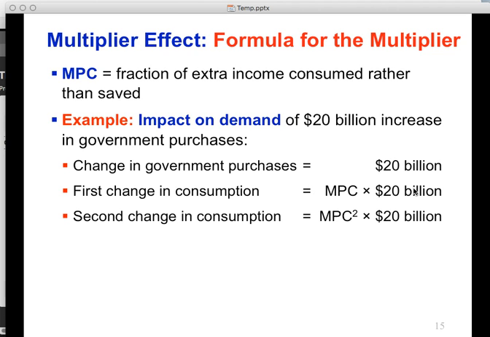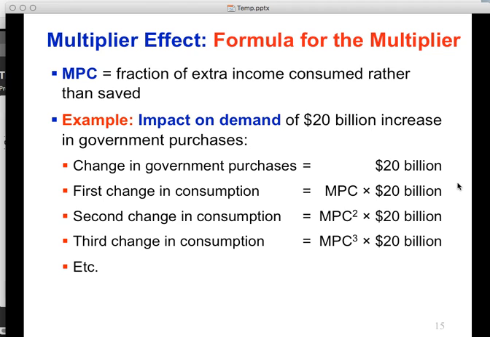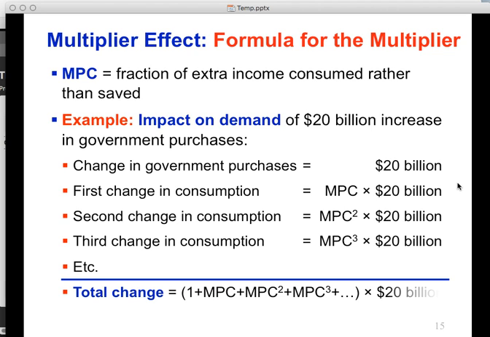But that money again ends up in consumers' pockets, which then gets spent again. How much? Multiply by MPC, MPC cubed, in this infinite sum here. So the total is 20 times 1 plus MPC plus MPC squared plus MPC cubed plus, on to infinity, times the 20 billion.